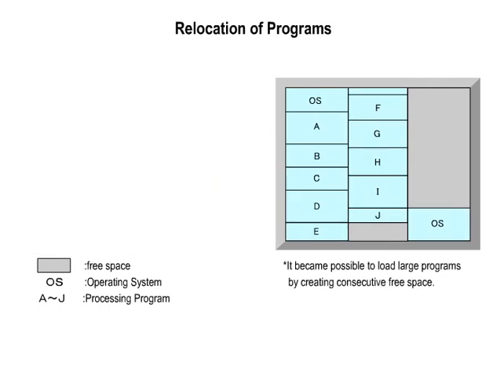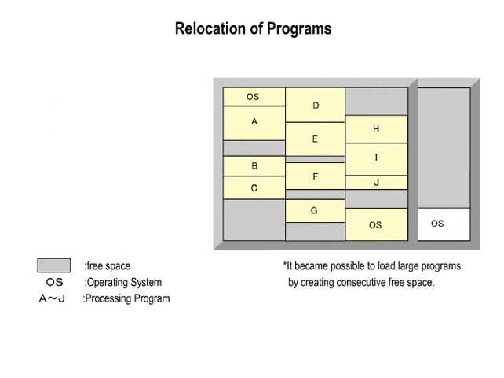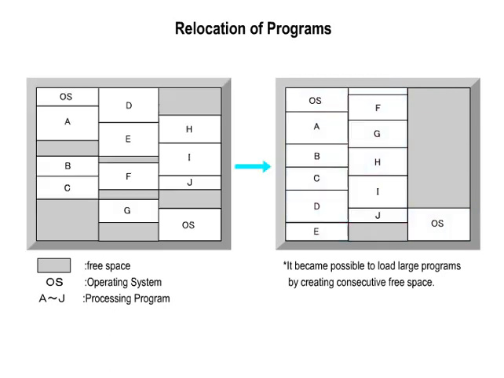As this loading operation is repeated many times, the number of small free memory blocks gradually increase. For this reason, it is necessary to rearrange programs in sequence from the top of memory and to collect many free memory blocks for reuse as larger free space. This is called program relocation.